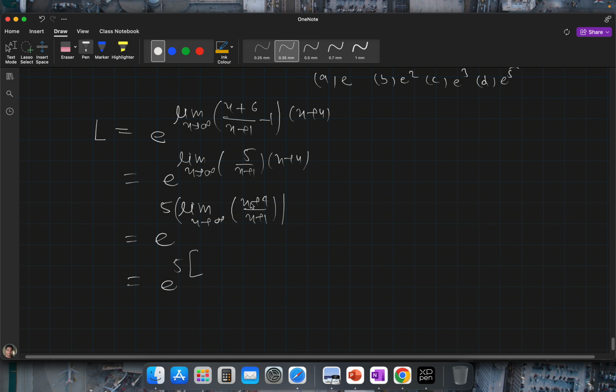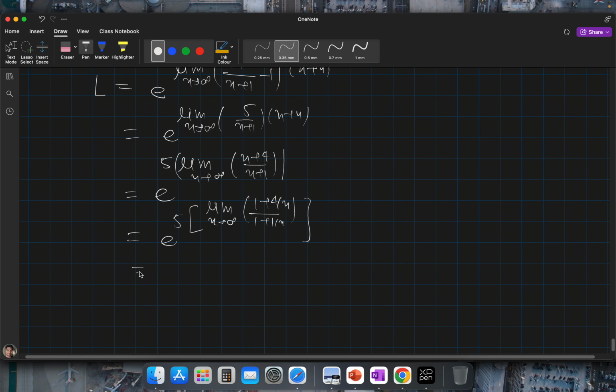So just divide numerator and denominator. You will get (1 plus 4 by x) divided by (1 plus 1 by x). And when you put the limit, this will become 0, this will become 0, the whole limit will become 1. So that will be e raised to the power 5. That is the answer.